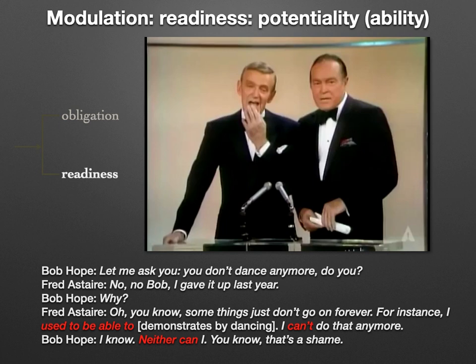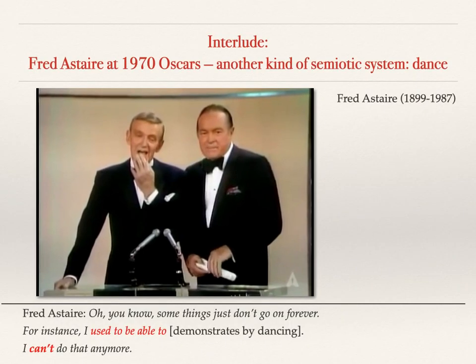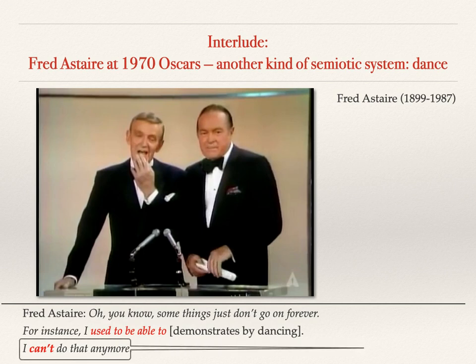Now we can stop at this point, but let me use what follows here as an interlude to give you a little bit of time to relax, a few minutes, not to have to listen to me. Again, the contrast this interlude illustrates is I can't do that anymore.